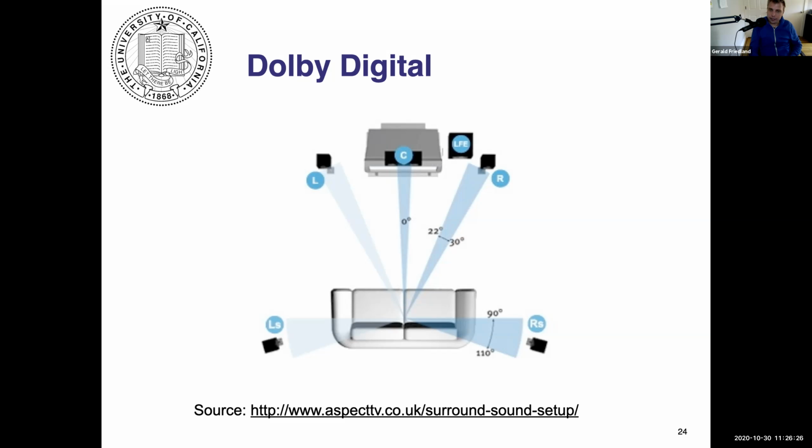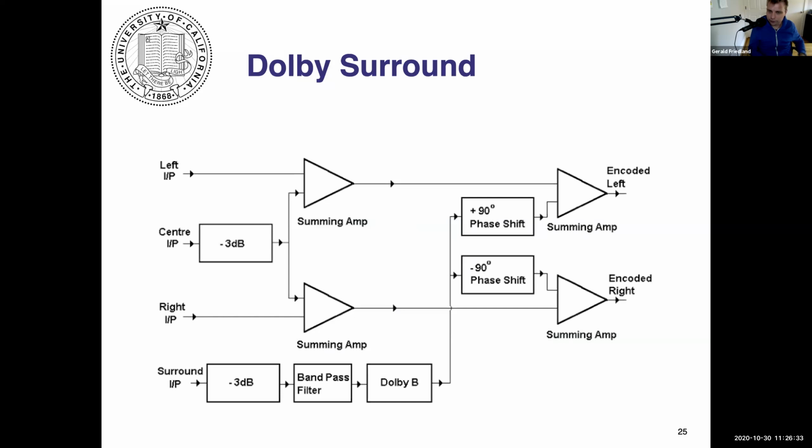Again, I don't want to educate you too much on how you do your home setups. That's why I gave you a source for that. I want to educate you, however, what happens if you, let's say you want to do some audio recognition or some machine learning task on a Dolby or Dolby Surround DVD. And in fact, I've done this. I can show you some projects I've done. It actually is not so simple, right?